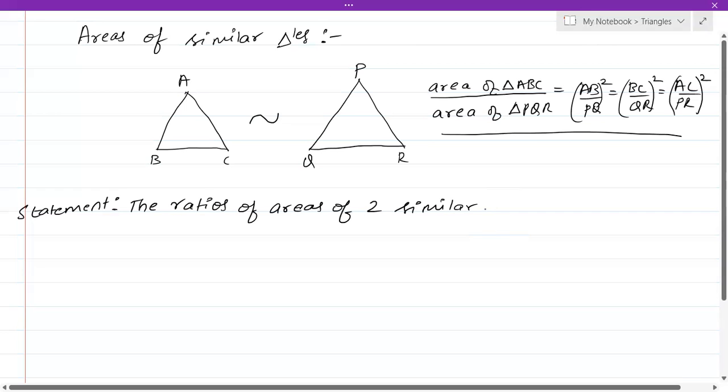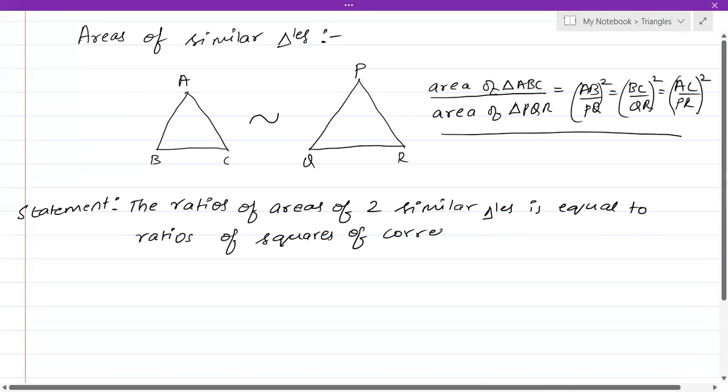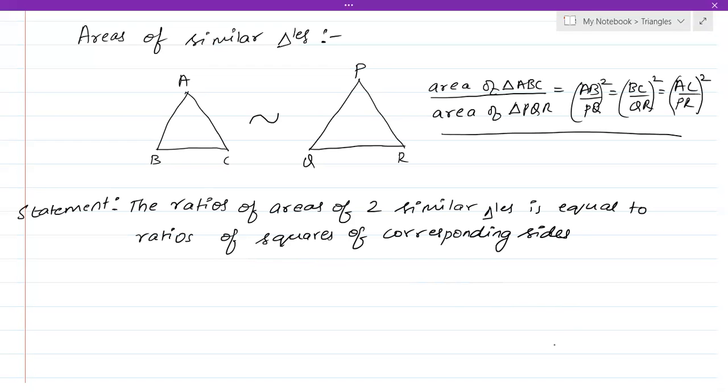The ratio of areas of two similar triangles is equal to the ratio of squares of corresponding sides. Okay, this is one result. There are two more results that we can tell if two triangles are similar. Now let's prove this theorem, that is, if two triangles are similar, the ratio of areas is equal to the ratio of squares of corresponding sides.